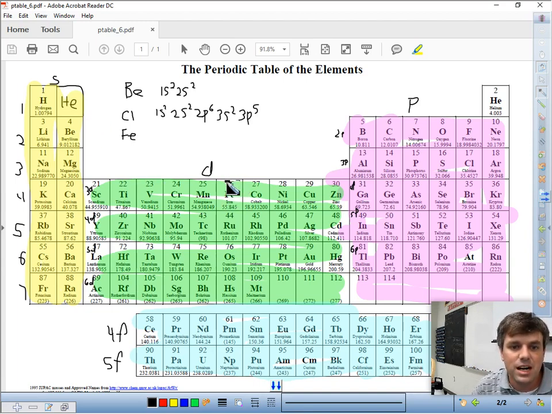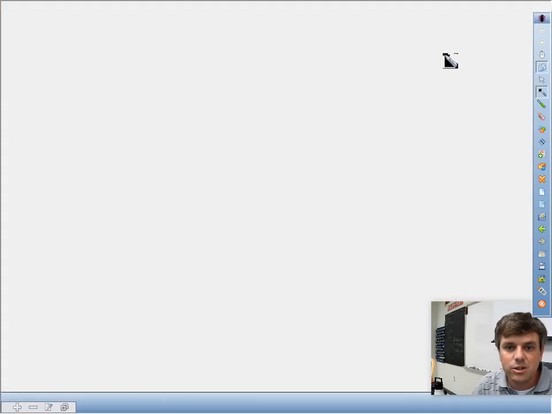If we're trying to do iron, which is right there, the way you would do iron is you start with your 1s's, you go 1s2, then you go 2s2, then 2p6, 3s2, 3p6, 4s2, 3d, 1, 2, 3, 4, 5, 6. That's 1s2, 2s2, 2p6, 3s2, 3p6, 4s2, 3d6.